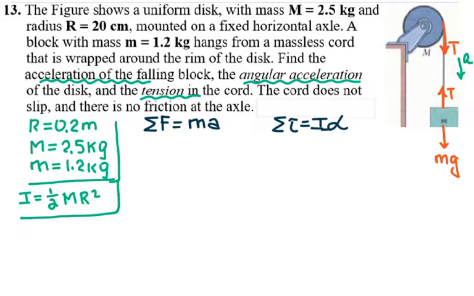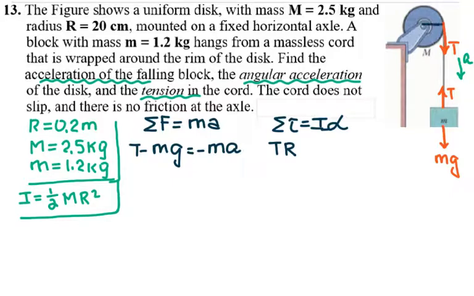The forces acting on the mass are T minus mg, equal to negative ma. For the torques, T is the force, so it's T times r, the distance, and sine theta.